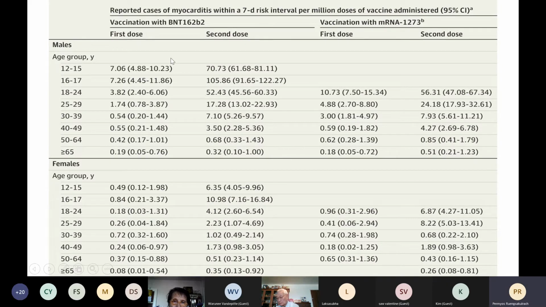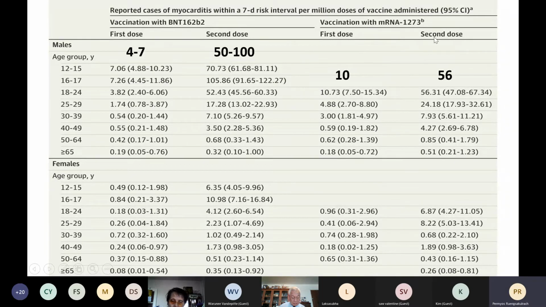And this is for different age group. It's for male and female. Okay, male have about, after the first dose, this is incident per million. Okay, it's 4 to 7 per million dose after the first dose, and after the second dose, it's higher. Okay, 50 to 100 per million dose for the Pfizer vaccine.